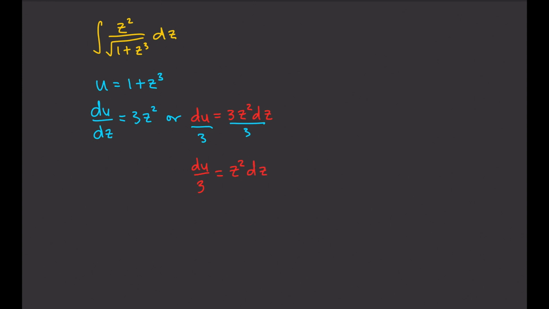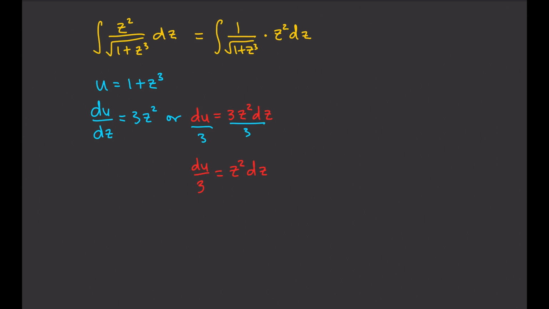Okay, all right, now let's rewrite this as antiderivative of 1 over the square root of 1 plus z cubed times, I'm gonna put the z squared here and then the dz here, so they're the same thing because we're multiplying basically.